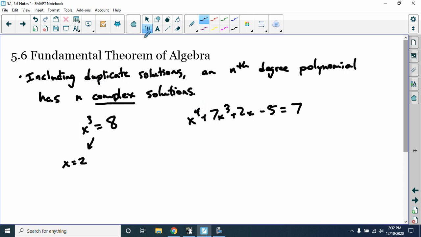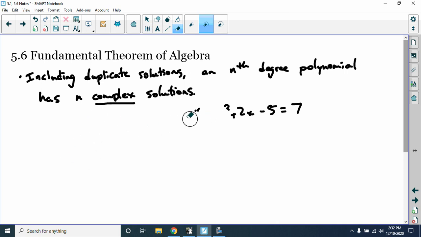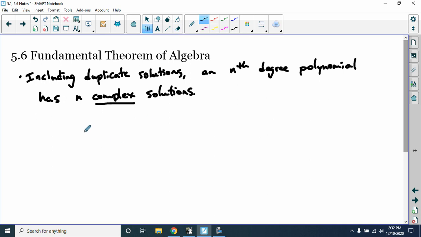When it says including duplicate solutions, sometimes some can occur twice. So like if we have x squared minus 6x plus 9 equals 0, and we wanted to solve this, we would say x minus 3 times x minus 3 is 0.